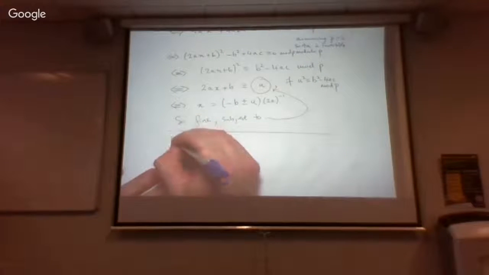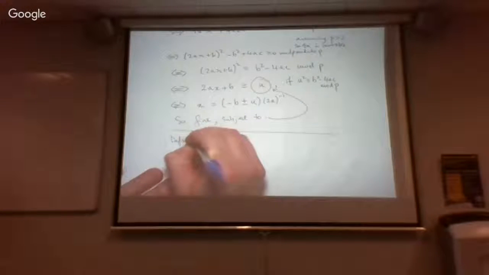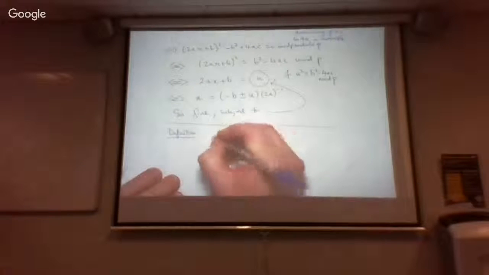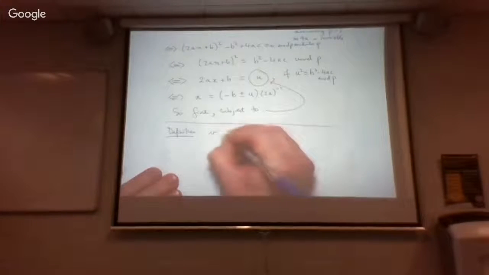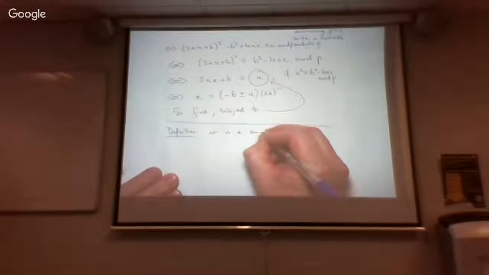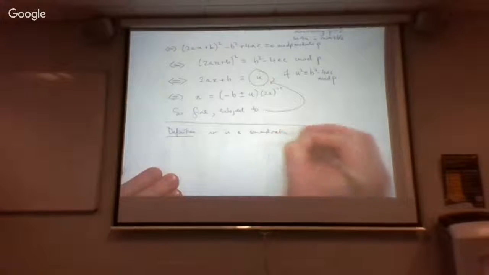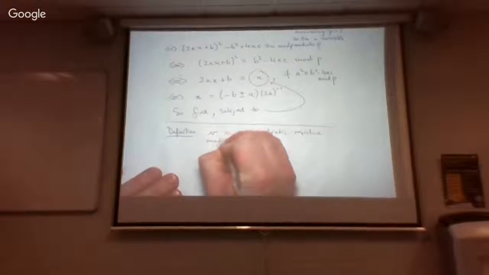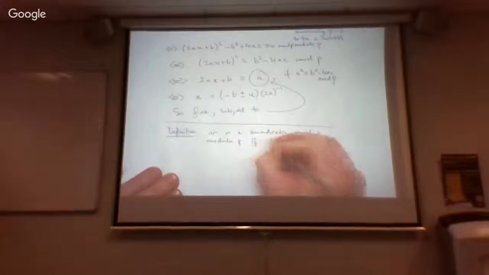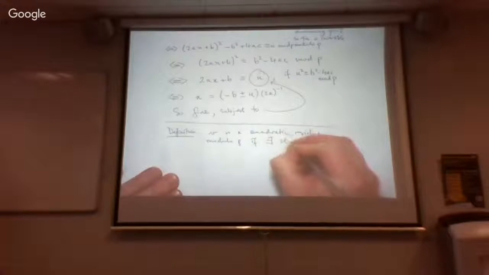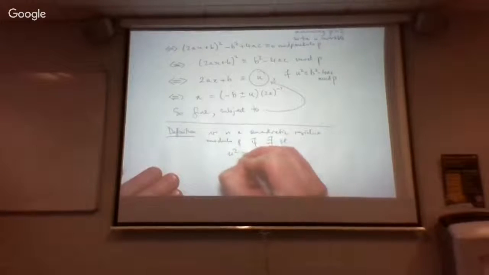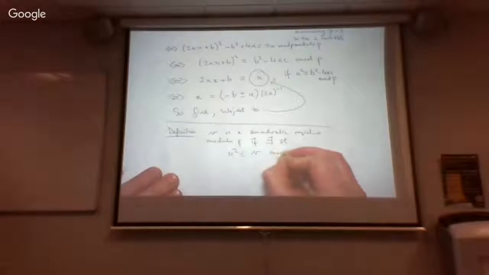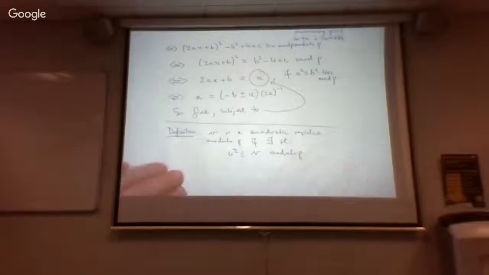The definition: we say v is a quadratic residue modulo p if there exists a u such that u squared is congruent to v modulo p.